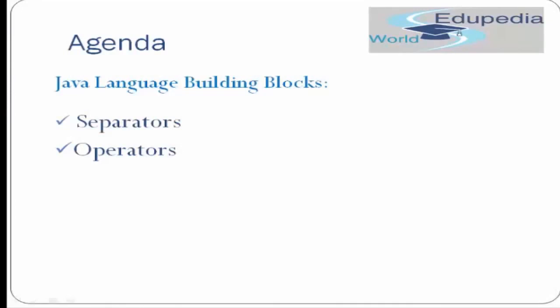The agenda for this tutorial is Java language building blocks. We have already covered 3 of the Java tokens in the previous tutorial, and in this tutorial we will be covering the remaining 2 Java language building blocks. So today we are going to cover Java tokens, which are separators and operators.